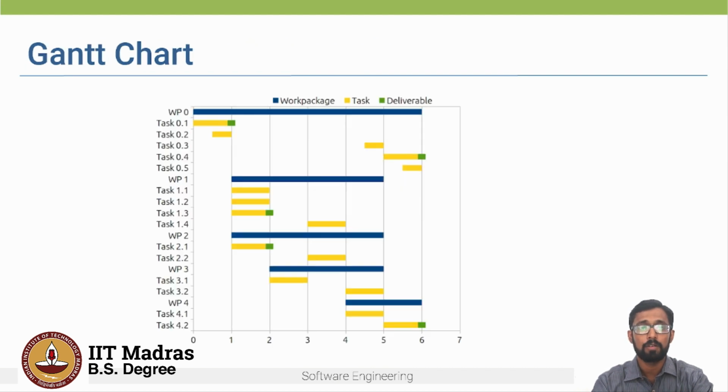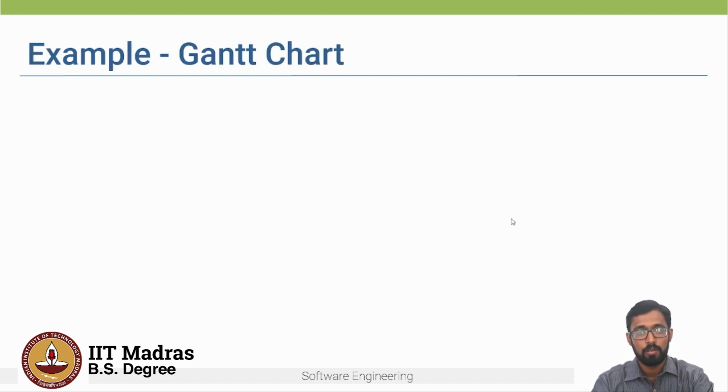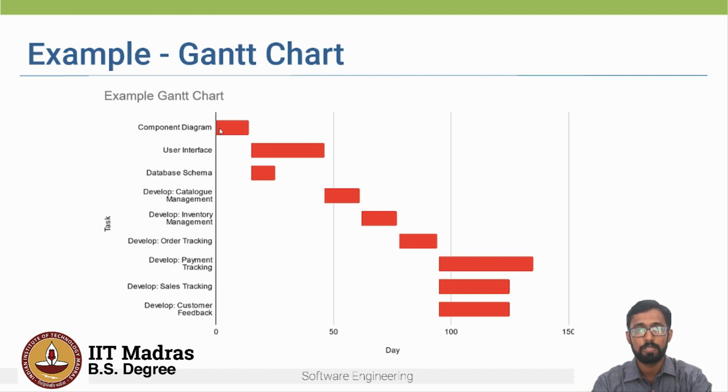Another way to represent this information is to create what is known as a Gantt chart. A Gantt chart is a special type of bar chart, and each bar represents an activity or a task, and the length of each bar is proportional to the time duration planned for that activity. In the case of the Amazon seller portal, we saw that the user interface and database schema can start together in parallel.